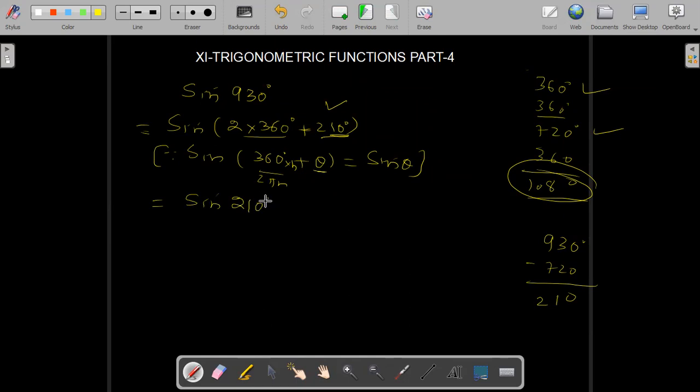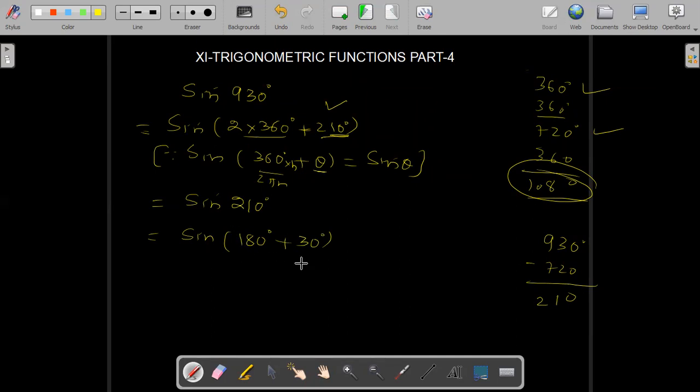But further we don't know the value of sine 210. 210 we can write as 180 plus 30 degree. Correct? 210 can be split into 180 degree plus 30 degree.